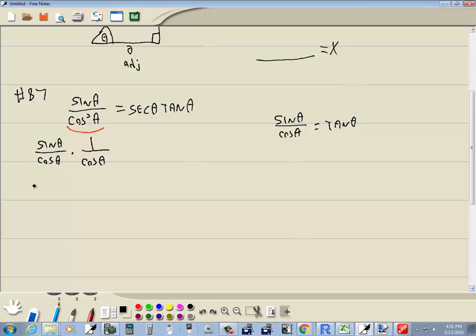So this I can rewrite as tangent theta. And we also got one that says that 1 over cosine theta is equal to secant theta. And since multiplication is commutative, then this is basically equal to that side, and we're done. So you start with one side, and only working with that one side, you use identities to rewrite it such that it looks like the other side.